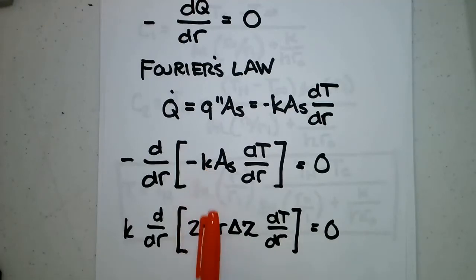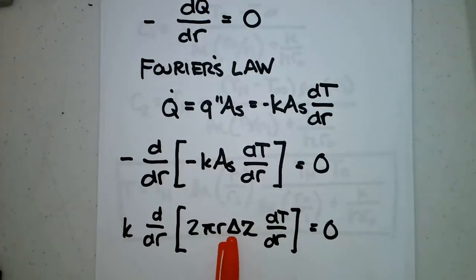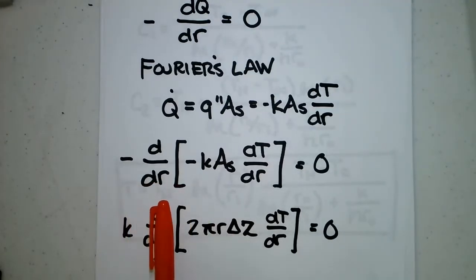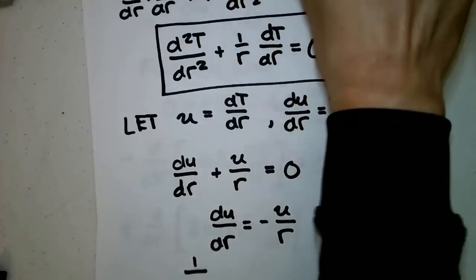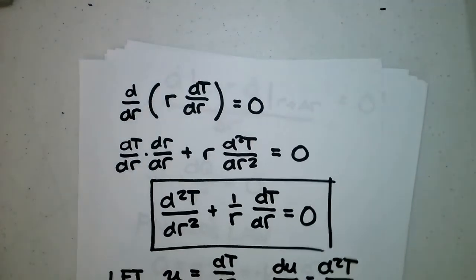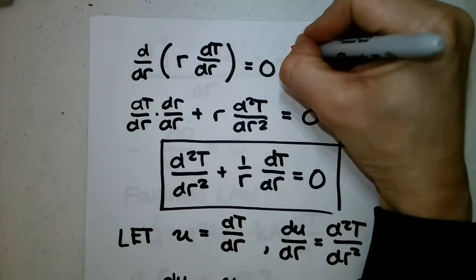We assume K is constant. We also know 2 and pi are constant. Delta z doesn't change as we move in and out radially, so we're able to remove all of those, and none of those were equal to 0, so we found that d/dr of (r dT/dr) equals 0. We used the product rule.